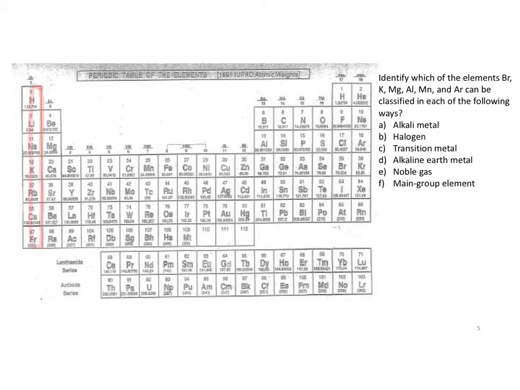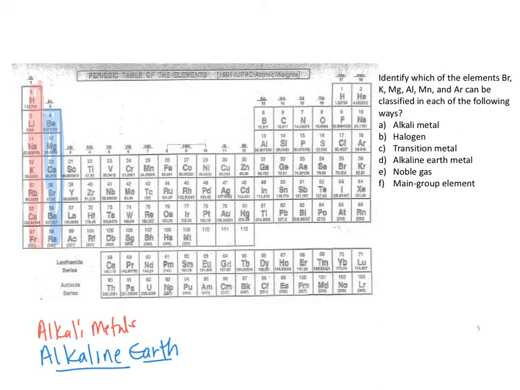Okay, so this group is the alkali metals. This group is the alkaline earth metals, and I just think of it as, the longer, bigger word would be the second column. These are all metals, by the way. So I'll show you where, so these are your metalloids here. There's like a little stair step here.